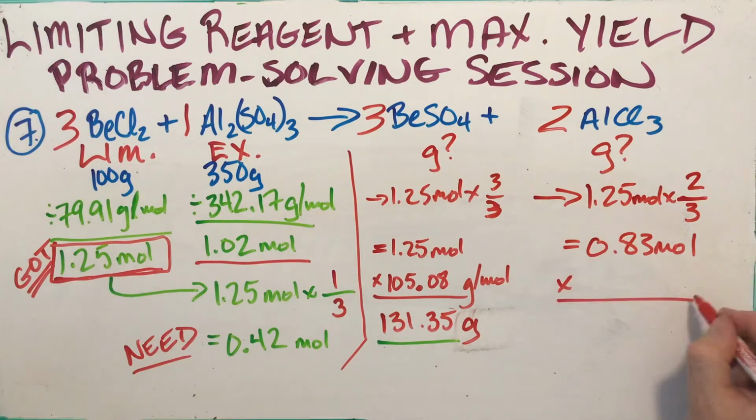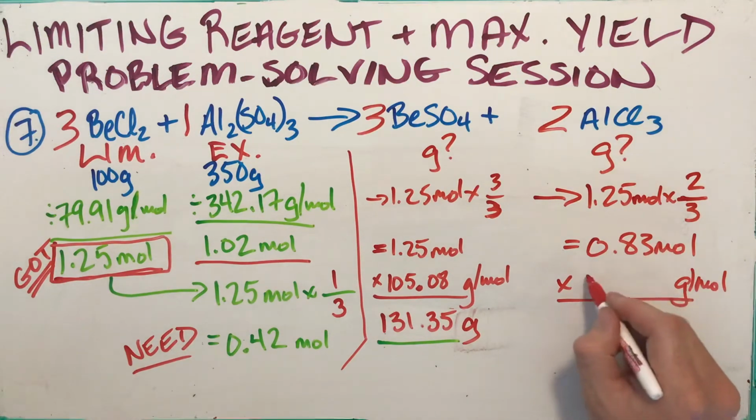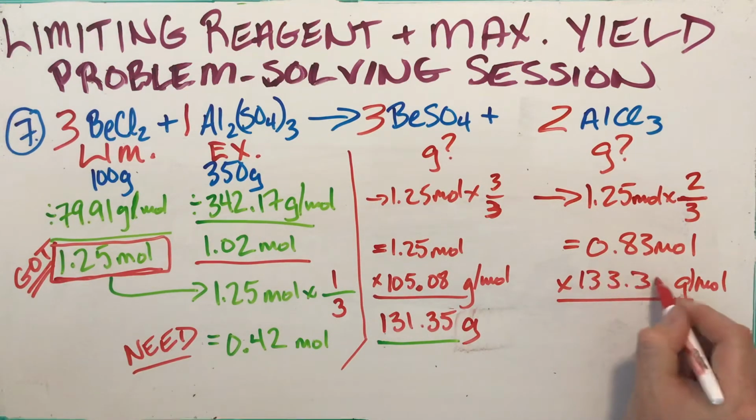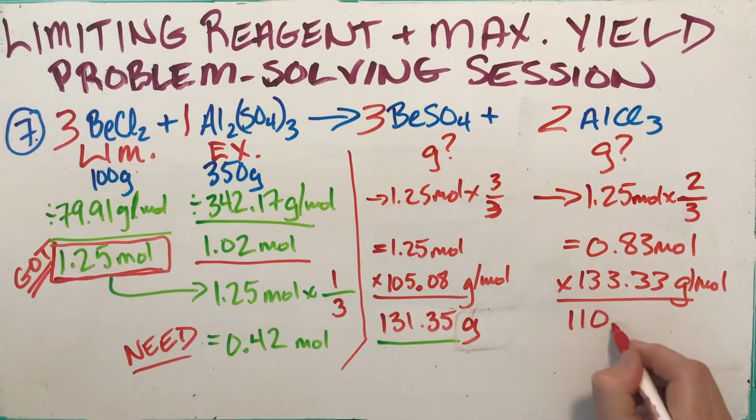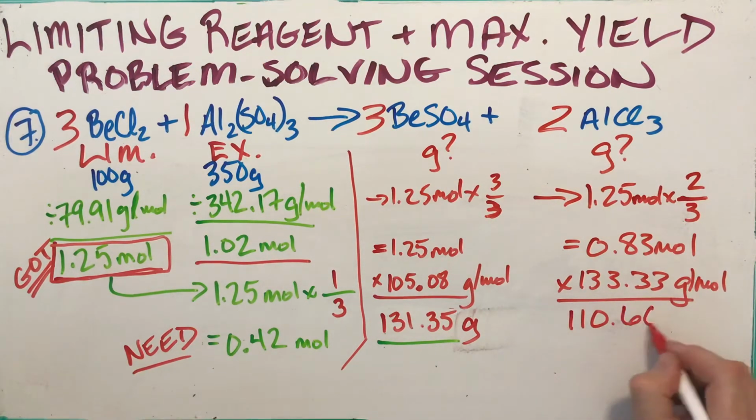And then I'll multiply that by its molar mass. That will cancel out my moles. The molar mass of the AlCl3 is 133.33. We used that in an earlier problem. And I get 110.66 grams of the aluminum chloride.